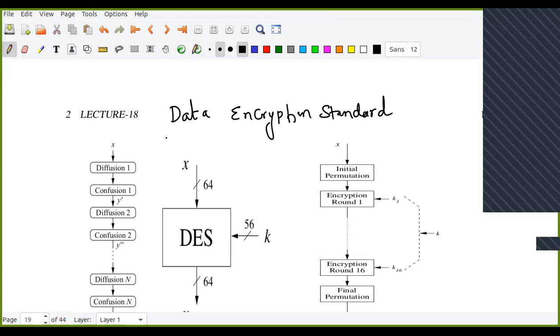DES came around 1975 and it was there up to 2002. The entire world was using DES up to 2002. In 2002, it was cracked. Then a new system came called AES. AES means Advanced Encryption Standard.